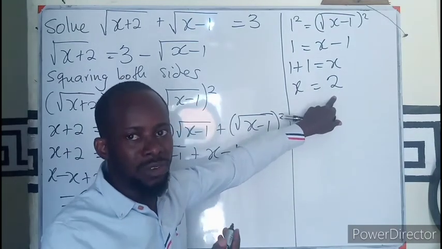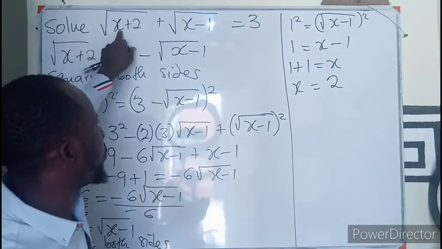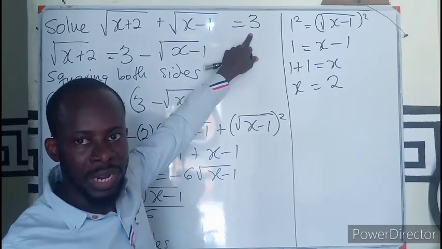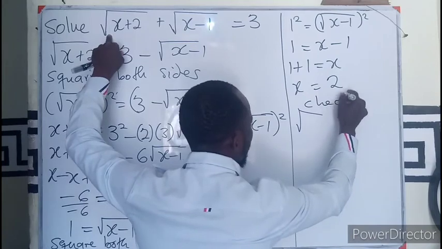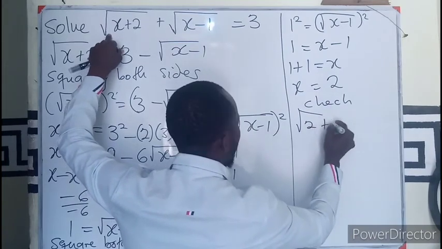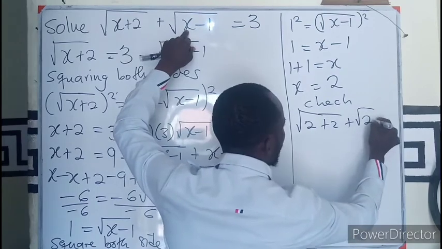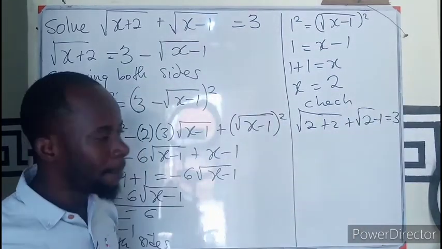So the value of x we are looking for in this equation is just 2. But we can't stop here. We have to check and see whether if 2 is replaced with x, I should get the right hand side to be equals to 3. Meaning the root of 2 plus 2 plus the root of 2 minus 1 should be able to give us 3.